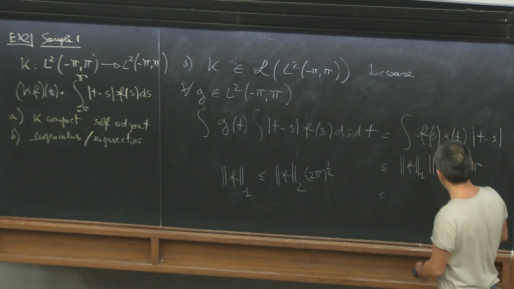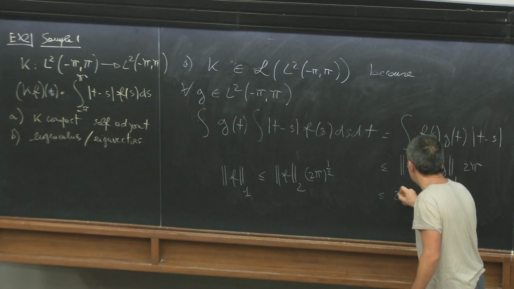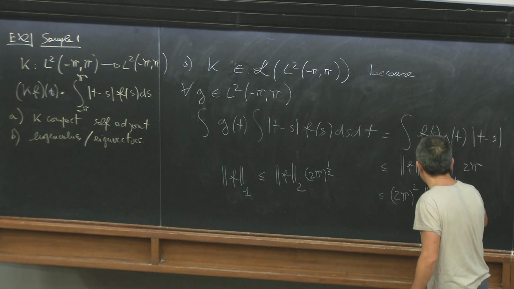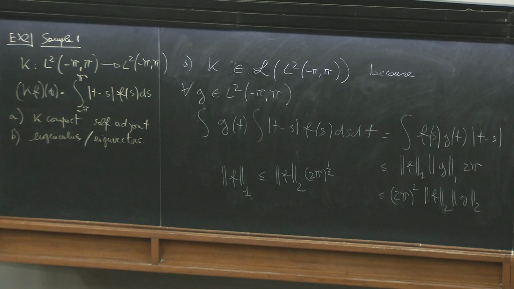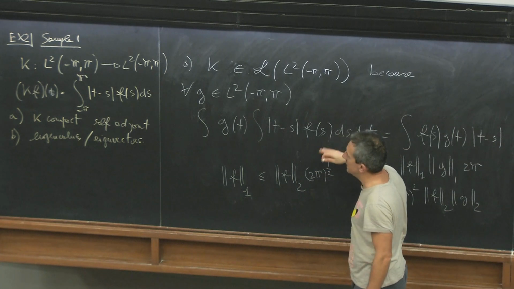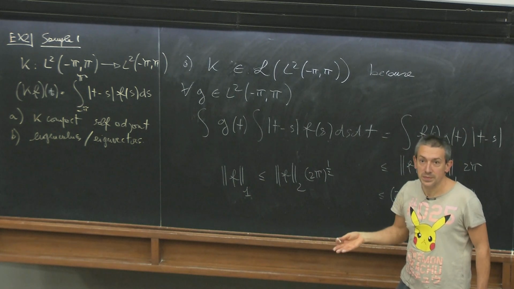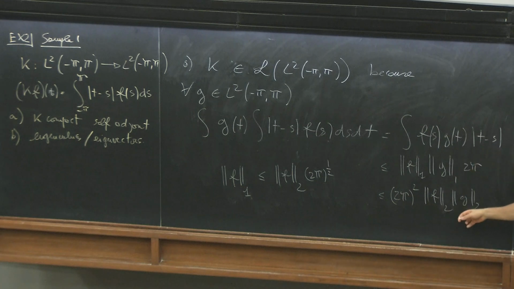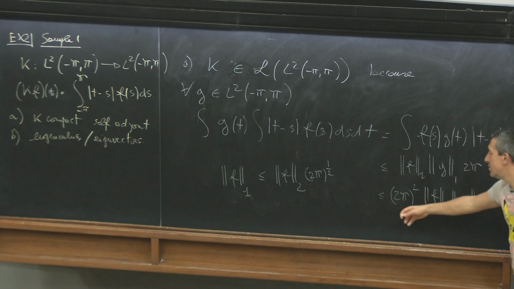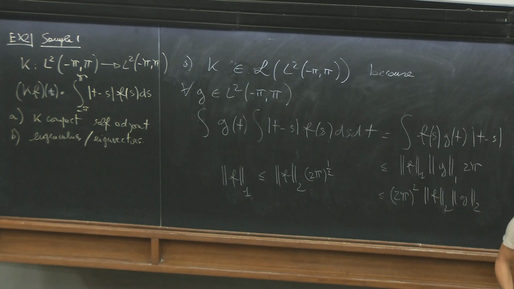Everything together, you get 2 pi squared. So this object is in L2, because tested with L2 functions you have something bounded, and its norm is at most 2 pi squared times the norm of f in L2. You can have even better estimates, but we don't care. So K is a linear operator.